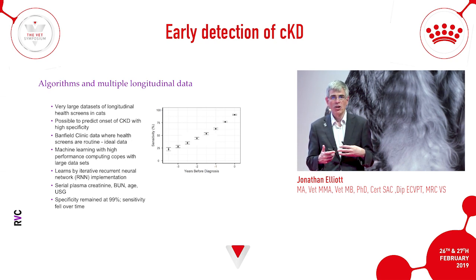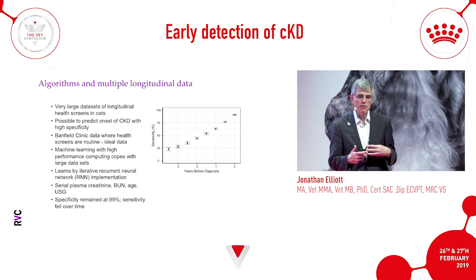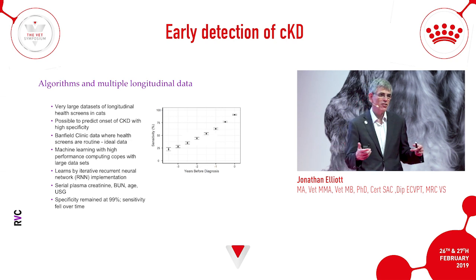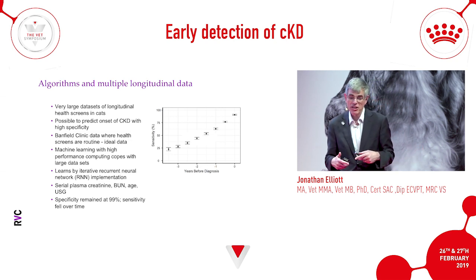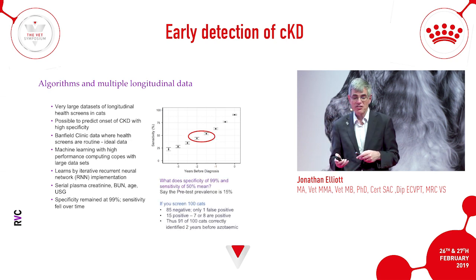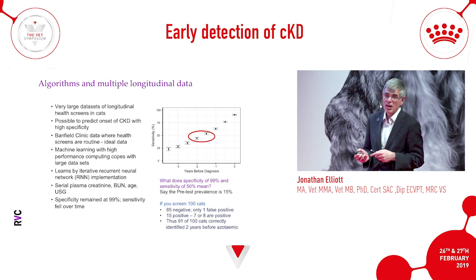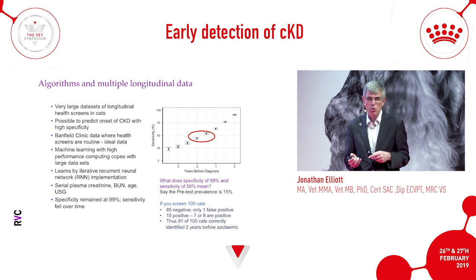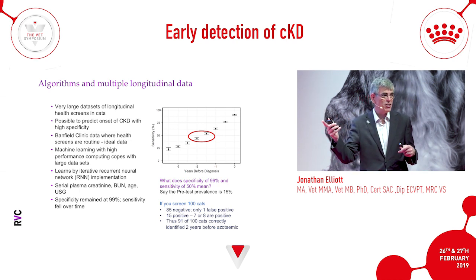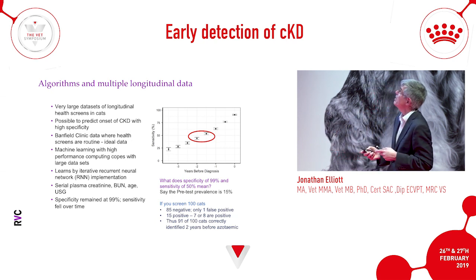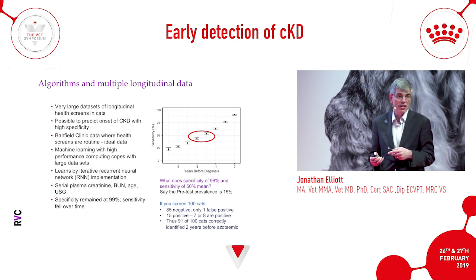And that model is based on 4 different parameters and has a specificity of predicting the onset of chronic kidney disease of 99%. Obviously, its sensitivity falls over time. And if we look at 2 years, 18 months prior to the onset of azotemic chronic kidney disease, we'll see that the specificity is around 50%.